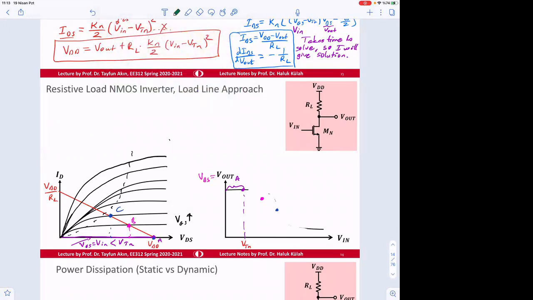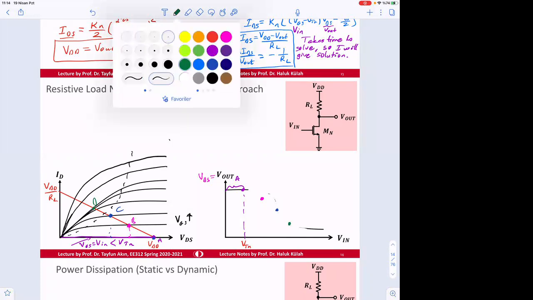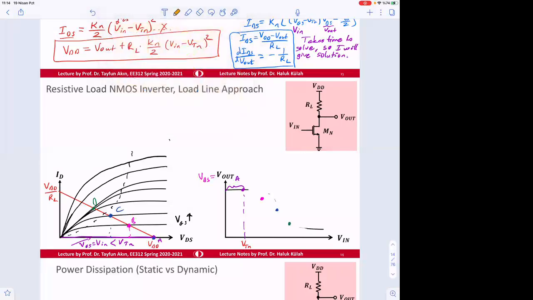This is going to be D, and the D is going to be somewhere around here. And finally, this one, E. Okay, so that E is going to be around here.